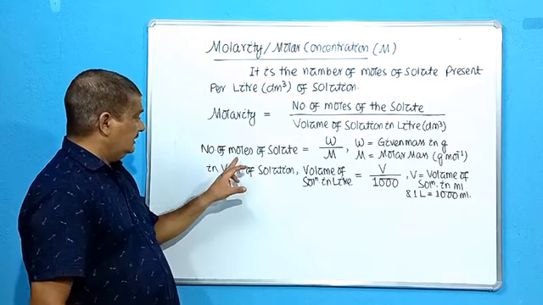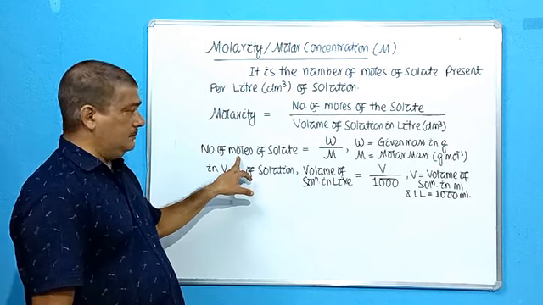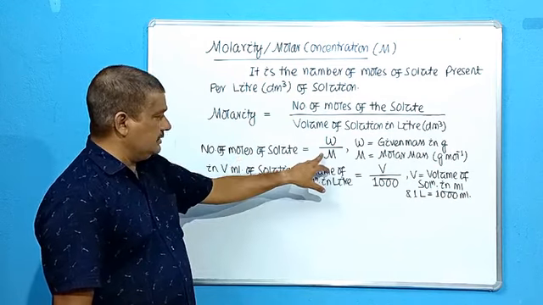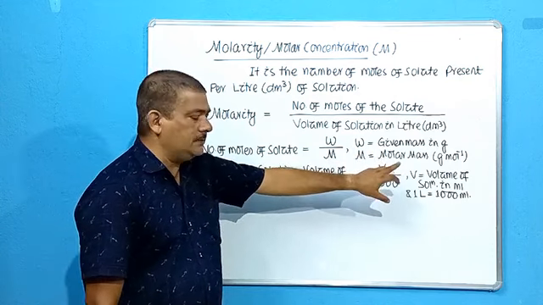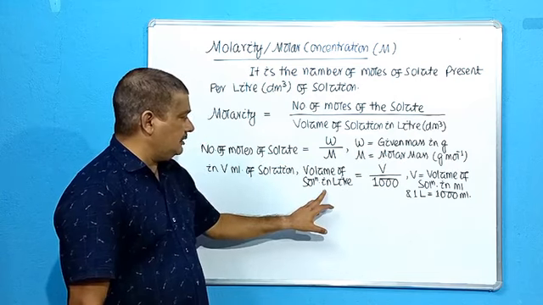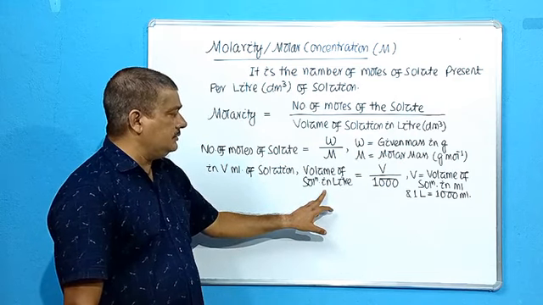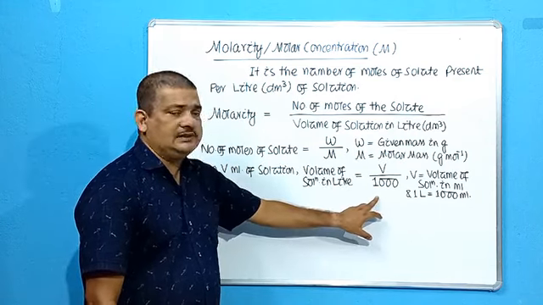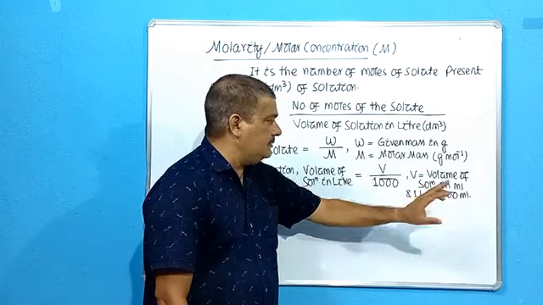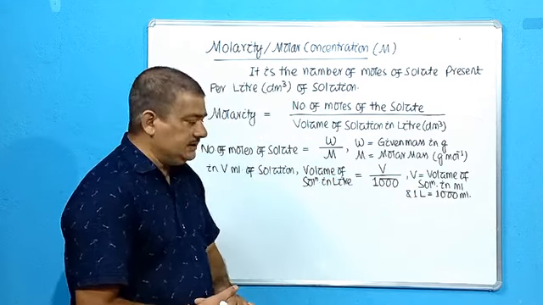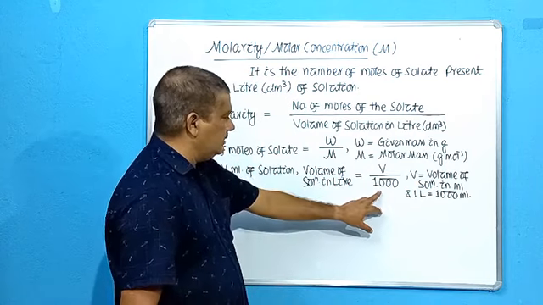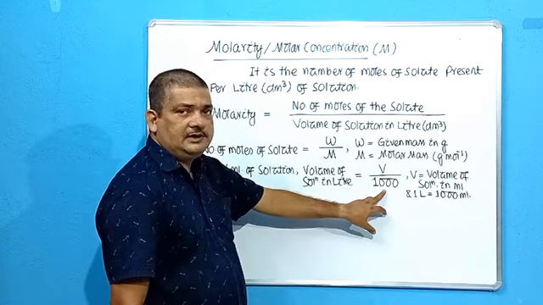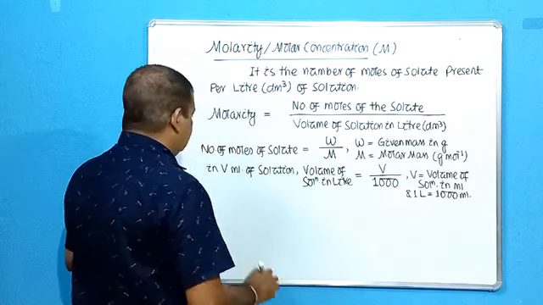So this is how we can find out the number of moles of the solute. It is W by M, where W is the given mass in grams, M is the molar mass in gram per mole. Then how to convert the volume of solution into liter? Now V by 1000. What is V? The volume of the given solution in milliliter, and you know 1 liter is 1000 ml. So in order to convert it into liter, we have to divide the given volume in milliliter by 1000.